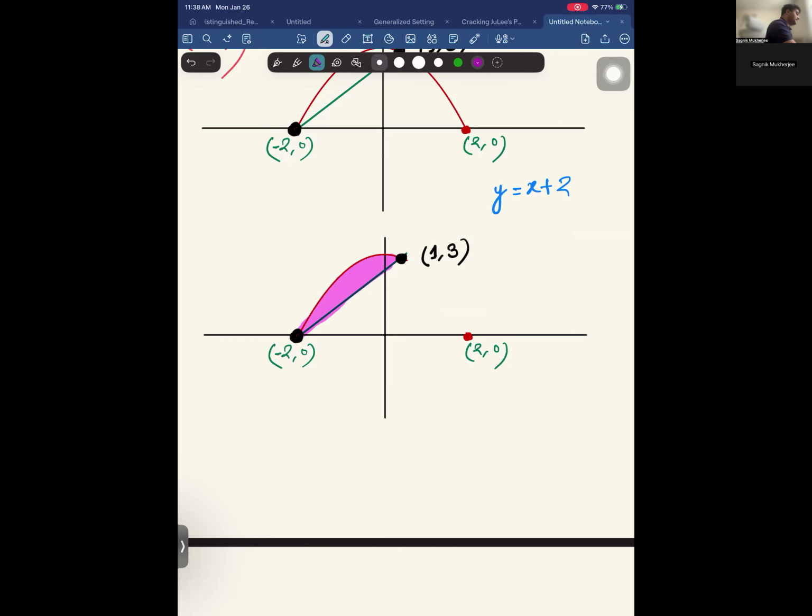So what you will get is something like this, an object that looks like this.